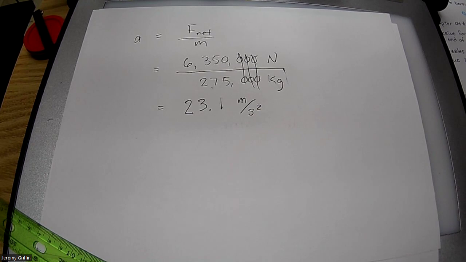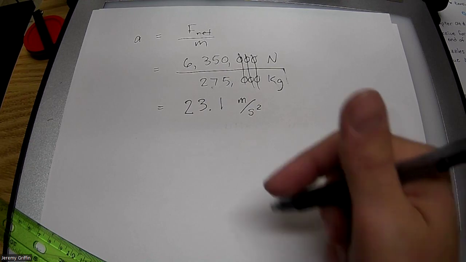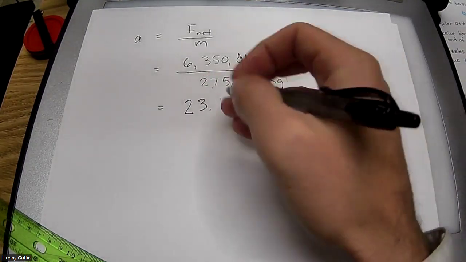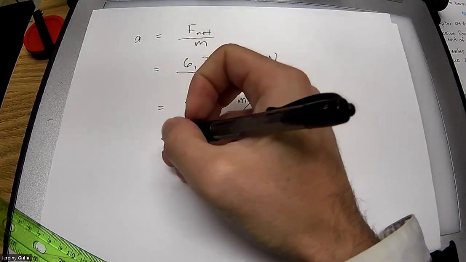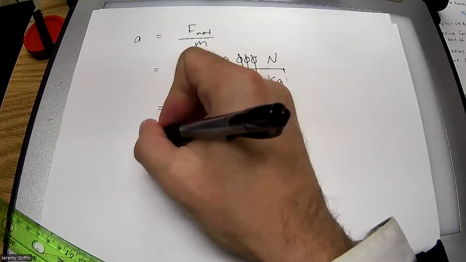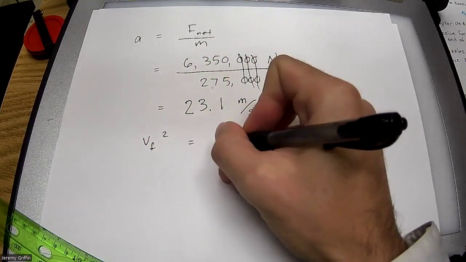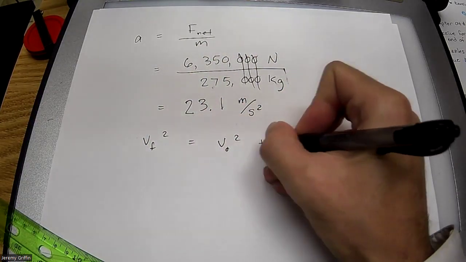Now we're ready to flip over to kinematic motion. Did you guys notice they never mentioned how much time to cover that runway distance, right? Which might be a hint. Which kinematic equation says nothing about time? Is that the third one? Right, it goes like this. Final velocity squared equals initial velocity squared plus 2ax.